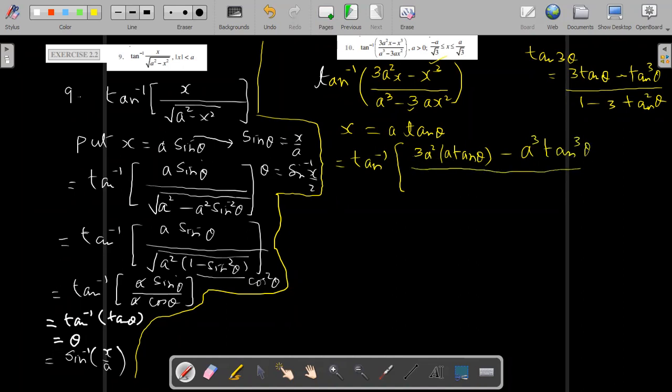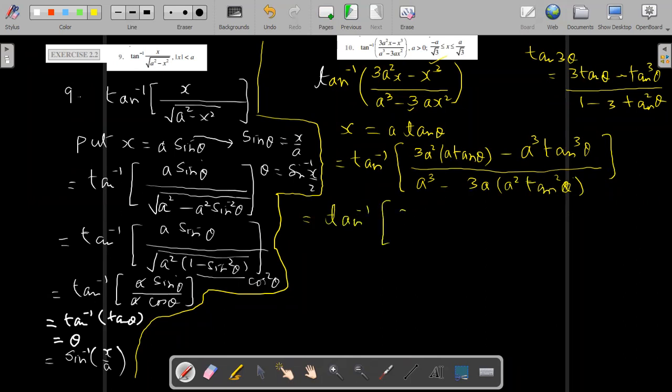Divided by a cube minus 3a x square. x square means a square tan square theta. Now solve it.